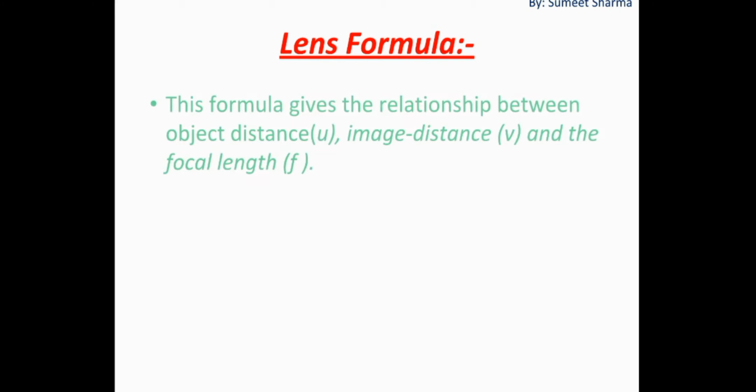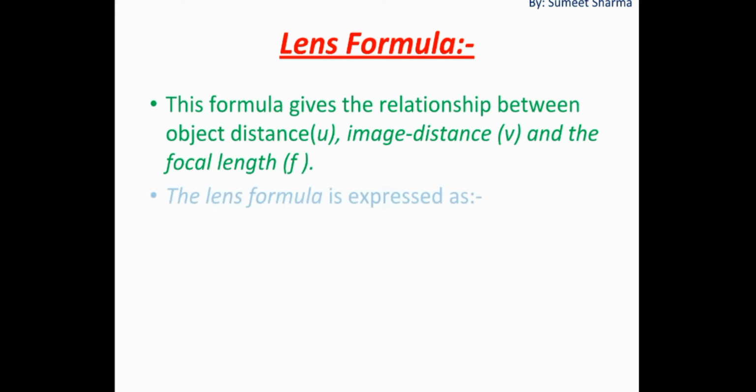Next important thing, lens formula. As we have studied the mirror formula, there is also a lens formula. This formula gives the relationship between object distance, image distance and the focal length.